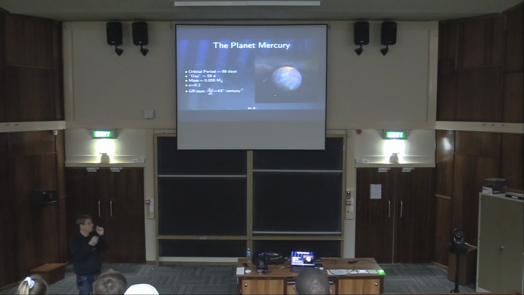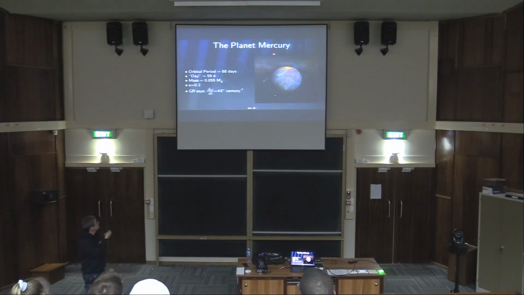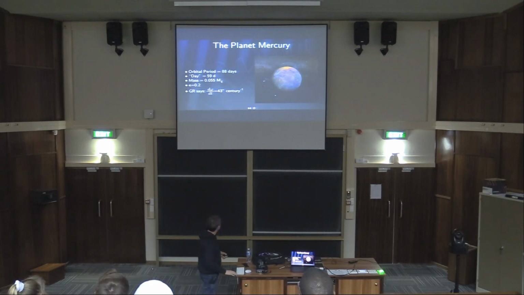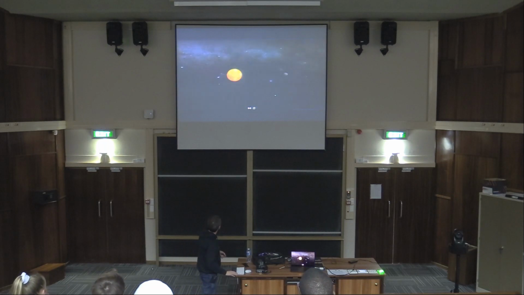But luckily, Mercury is very close to us, and this anomalous change in the orientation of the ellipse that Mercury undertakes was known about when Einstein's theory came along, and he said, aha, I've explained it.